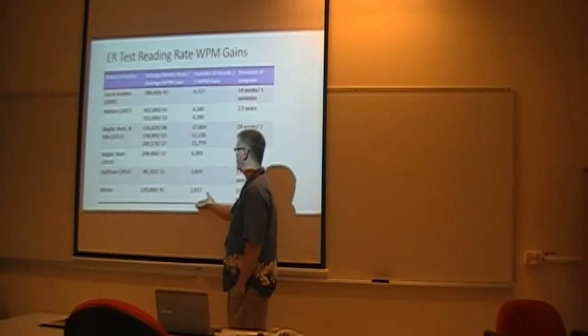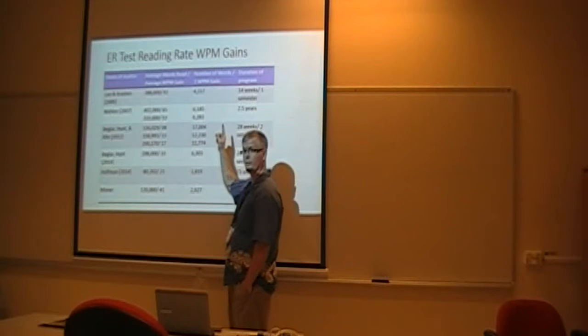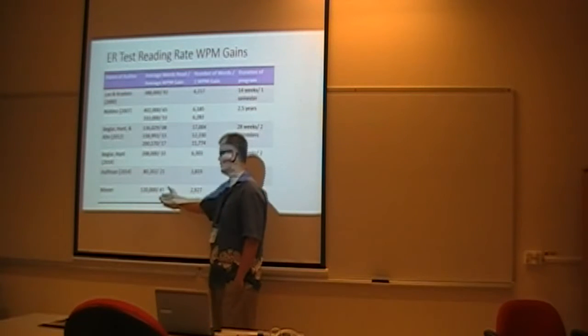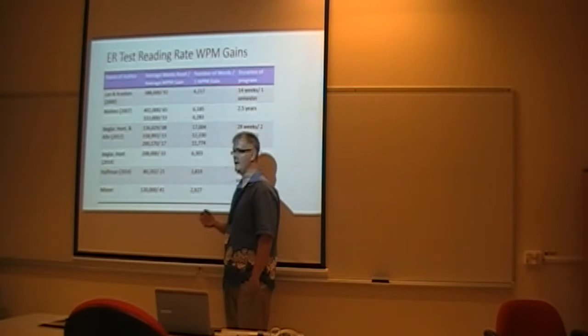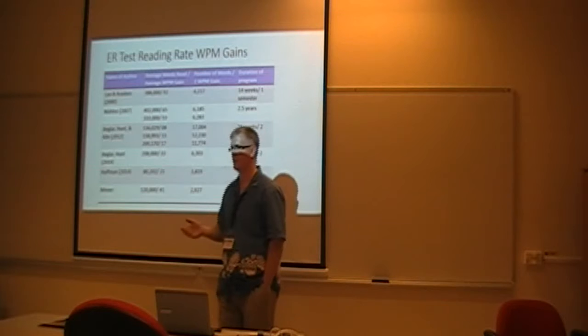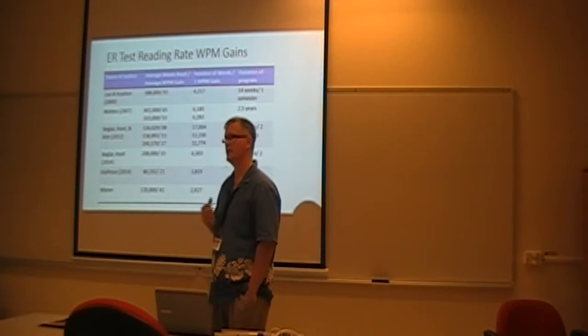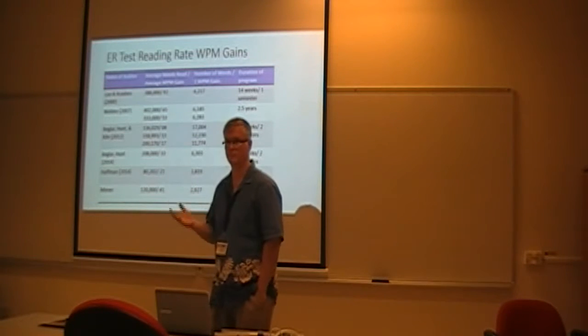So that's the number of words it takes to increase by 1 word per minute. If you wanted your students to increase by 40 words a minute, you might take 3,000 words and multiply that by 40 and say that's how many words you have to read this semester. It's a guideline for teachers to determine how much the student should be reading.